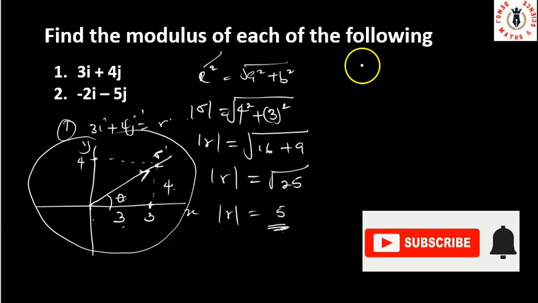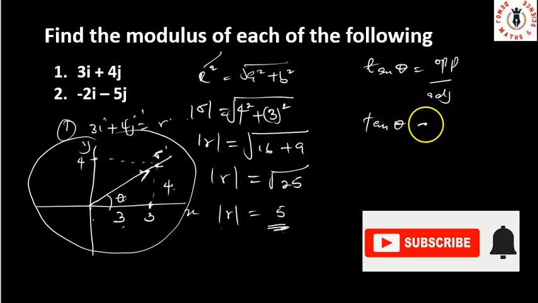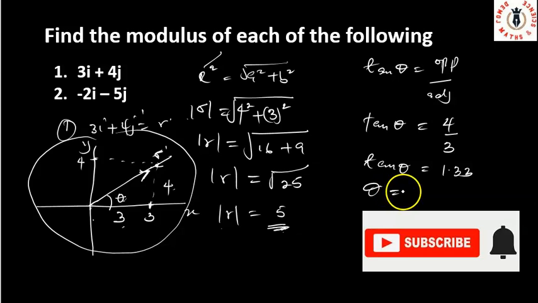For the angle theta, you know that tan theta is the same thing as opposite over adjacent. So tan theta will be 4 over 3, which is 1.33. So theta will be the tan inverse of 1.33. You can easily do that with your calculator.